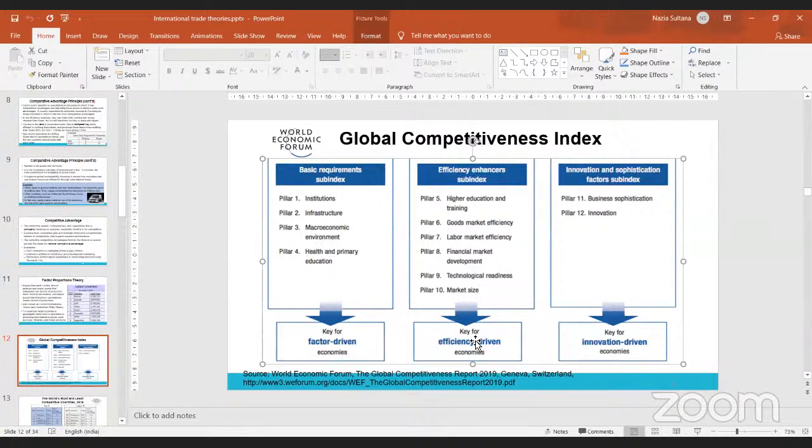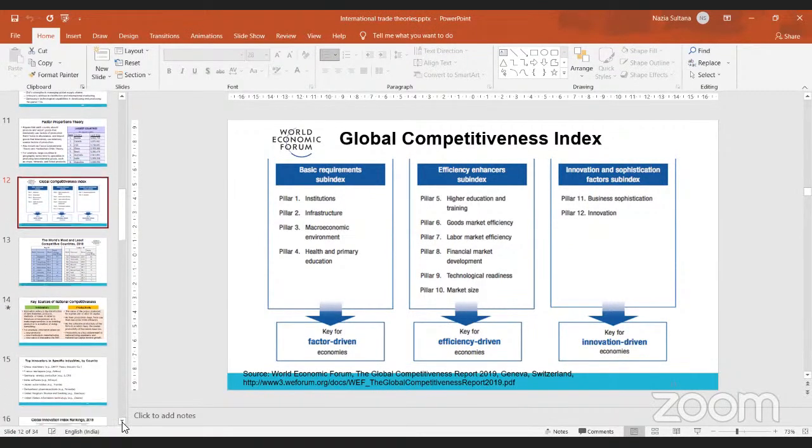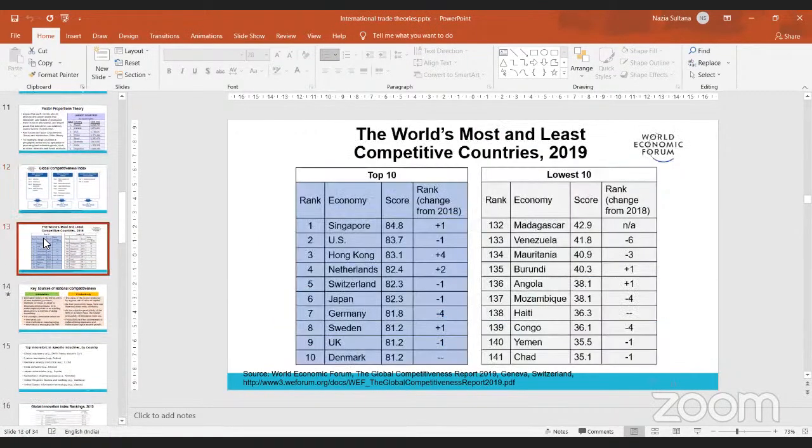If your economy is driven by efficiency, then it is efficiency in the market of goods, the market of labor through education and training, efficiency in being technically ready, and utilizing the market size. Then you have economies driven by innovation, where business sophistication and innovation come into the picture. So depending upon the kind of factors that you have, countries of the world are classified like this.